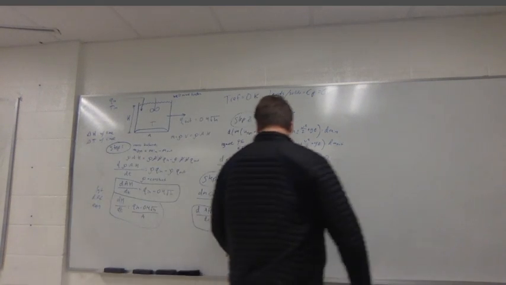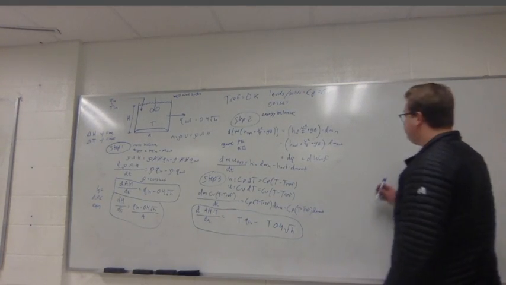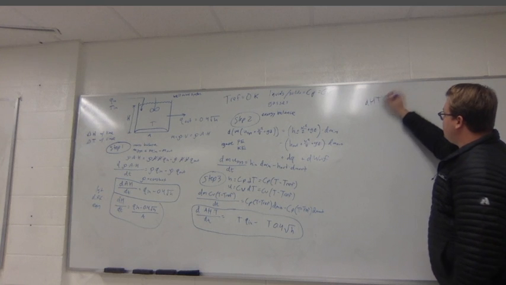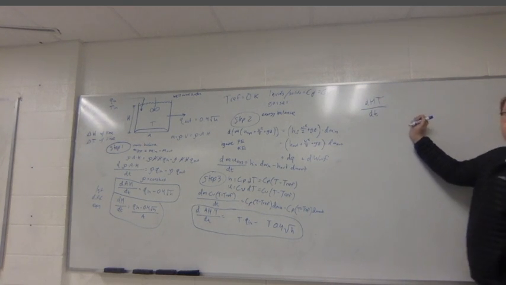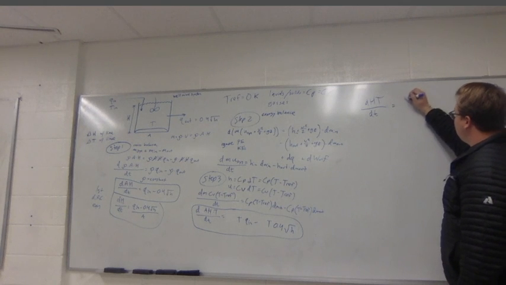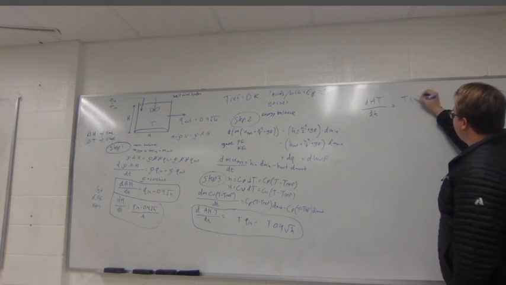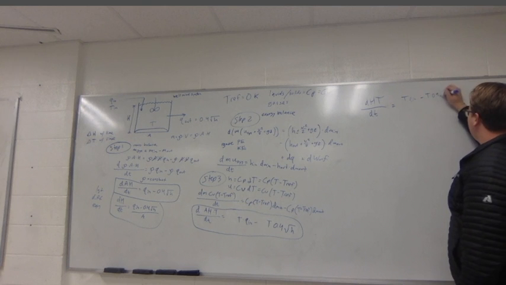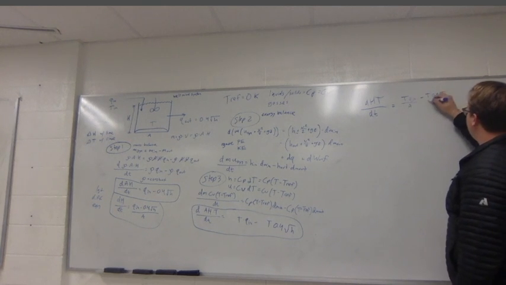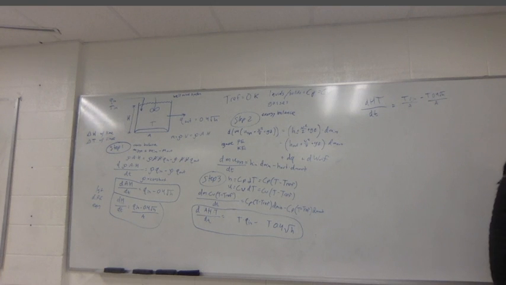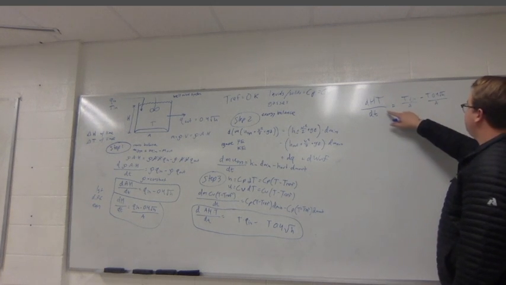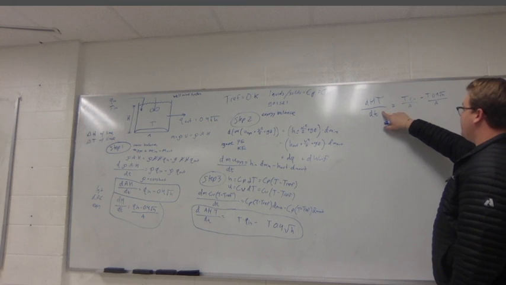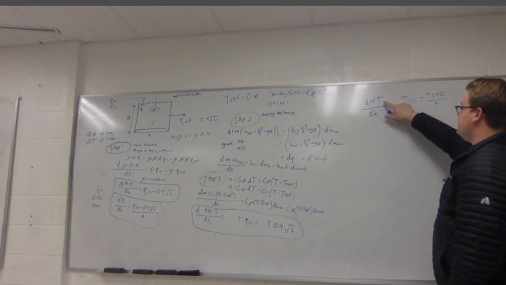First of all, I'm going to rewrite this by dividing by A and say that change in height times temperature with respect to time is equal to T Qin minus T times 0.4 root h, divided by A. And what I want to do is change the left-hand side of my equation so that I can separate dT/dt and dh/dt.